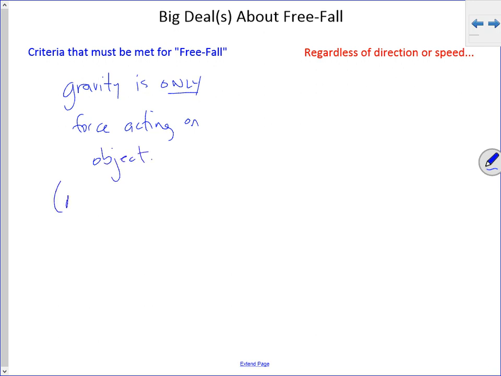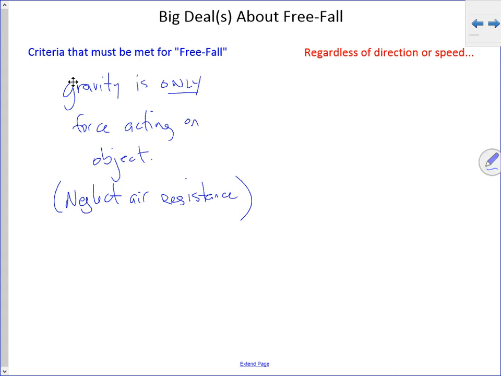All right, typically, what we'll do is neglect air resistance. All right, air resistance changes the acceleration that things have when they're in free fall. But typically, in almost every problem we do, we will neglect air resistance.